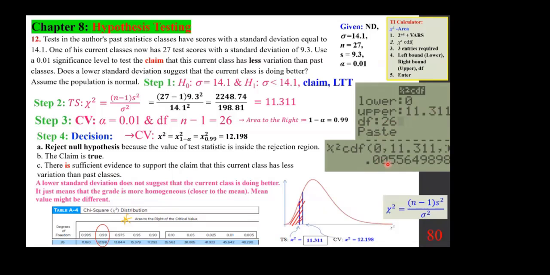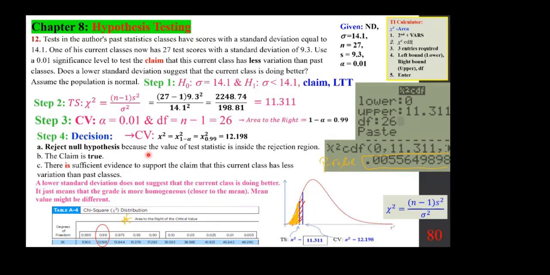And this is the p-value, which is this area, the area to the left of the test statistic because it's a left tail test. The area to the left of the test statistic is 0.0055. You compare it to the alpha of 0.01. Clearly, this number is less than alpha of 0.01. You come up with the same result.